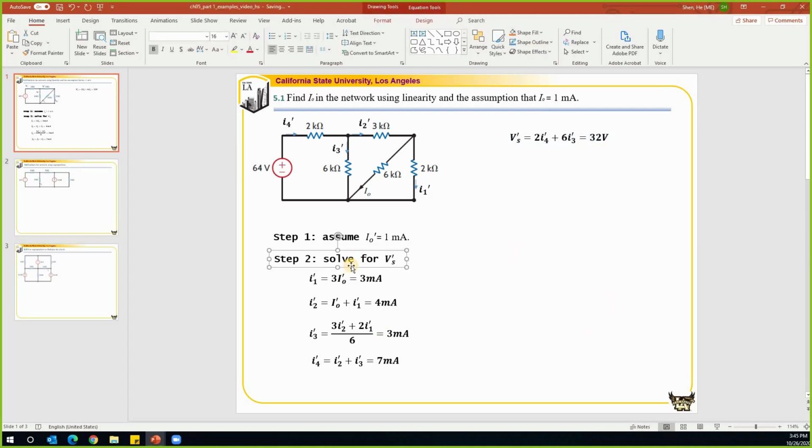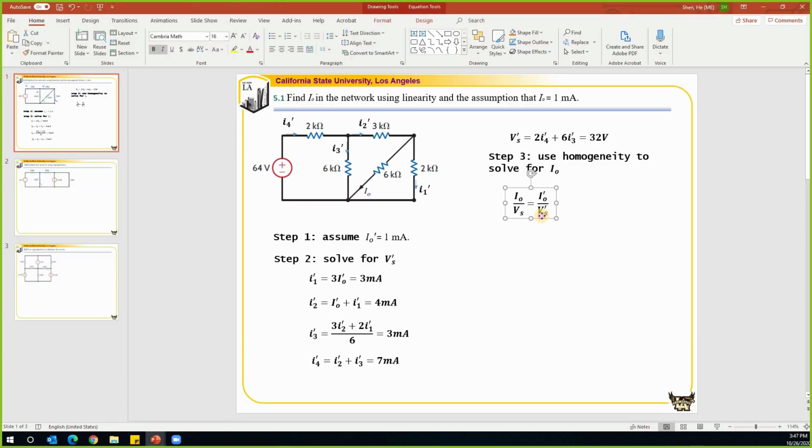So step 3, we'll be able to use the linearity, or you can be more specific and say use homogeneity, to solve for I/O. The linearity relationship tells us that the output I/O over the input, which is the voltage source Vs, should be equal to the same relationship with assumed values, I/O prime over Vs prime.